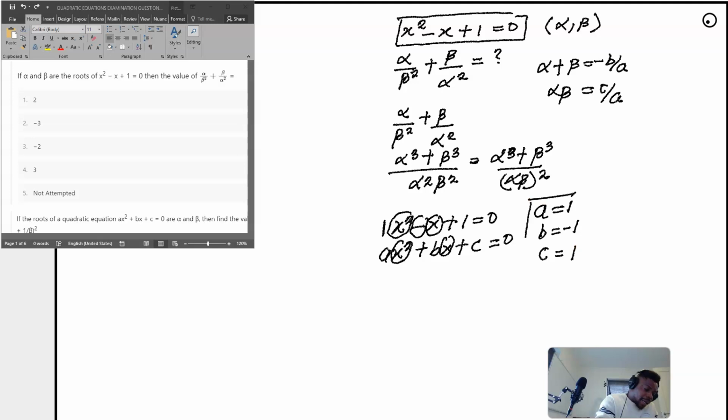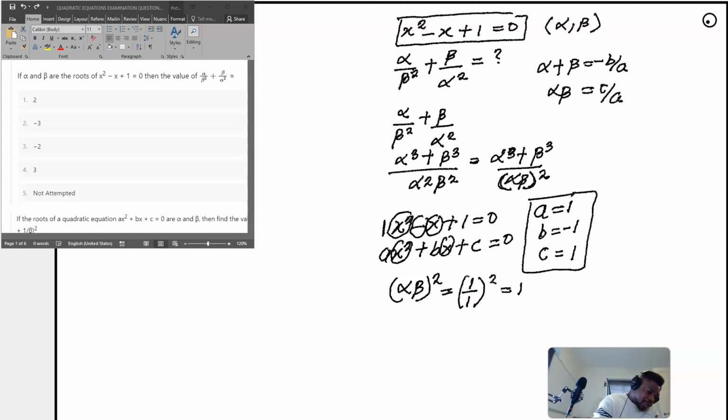So I can get the denominator, alpha beta all squared. Alpha beta is c over a, which is 1 over 1, all squared, and that is 1.